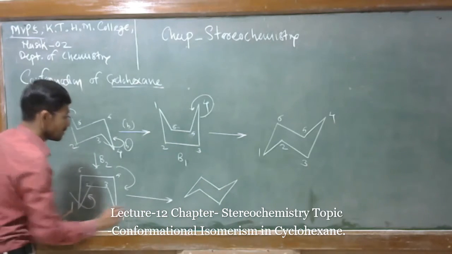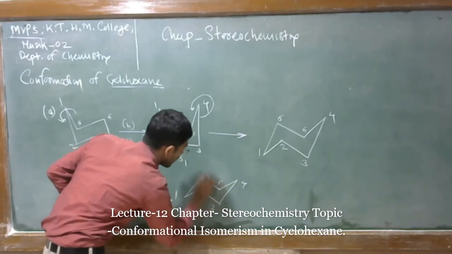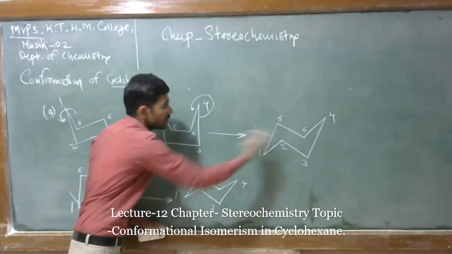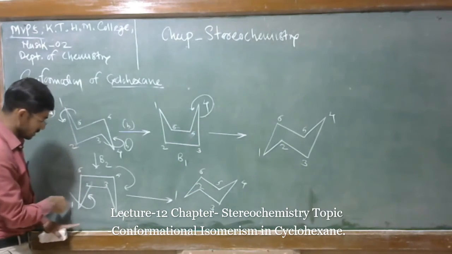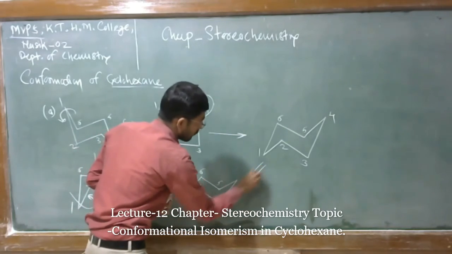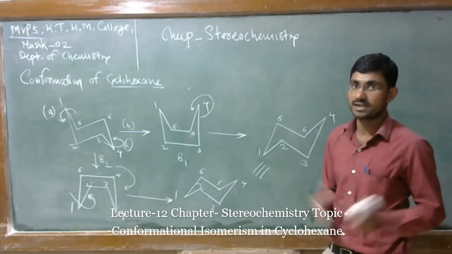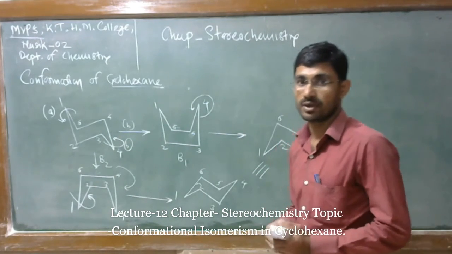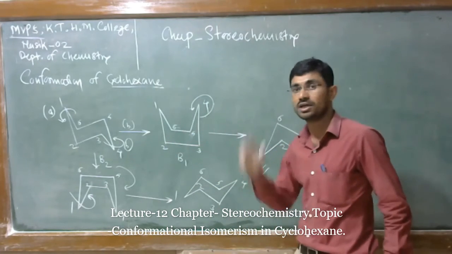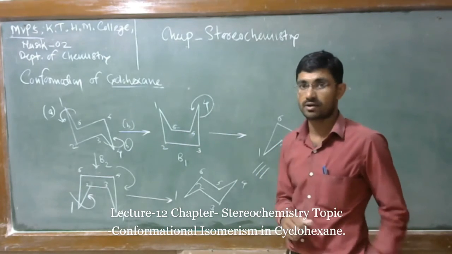If you rotate along another bond, we get a chair conformation again, and these two chair forms are equivalent. So in this way we can say that chair and boat forms are interconvertible. They are called conformational isomers of cyclohexane. In this way we can show the interconversion of chair and boat conformations of cyclohexane.